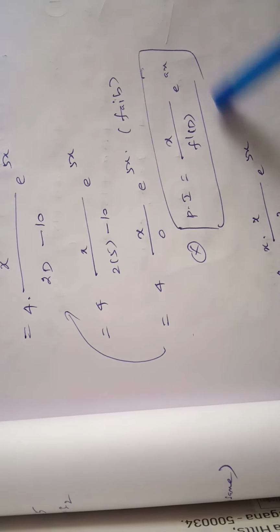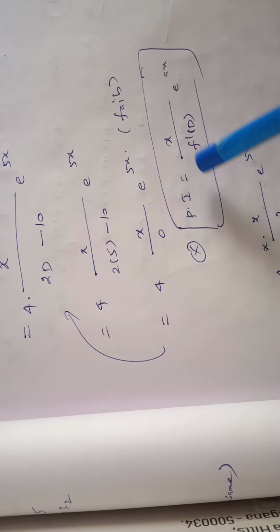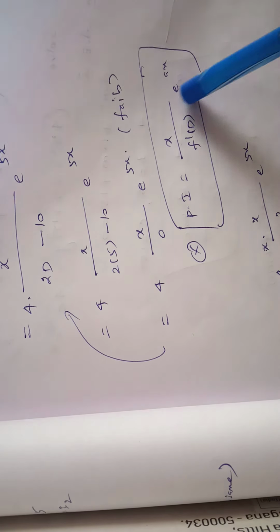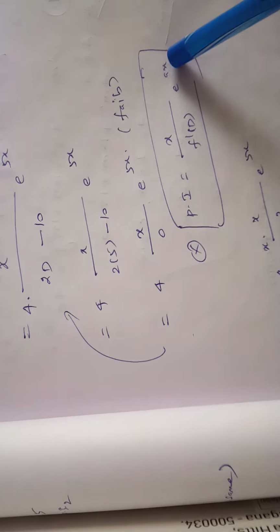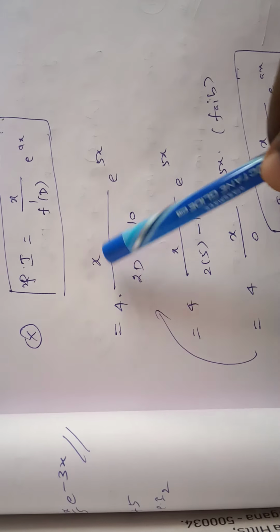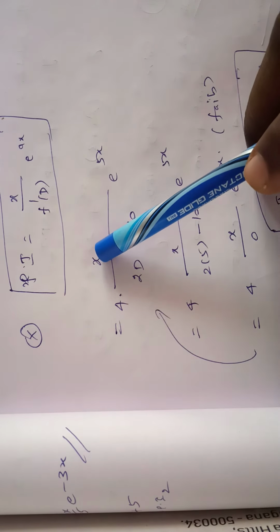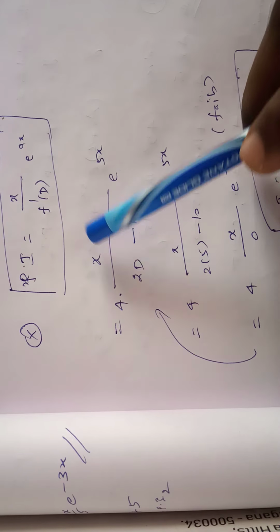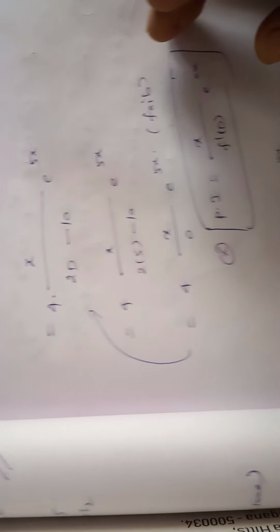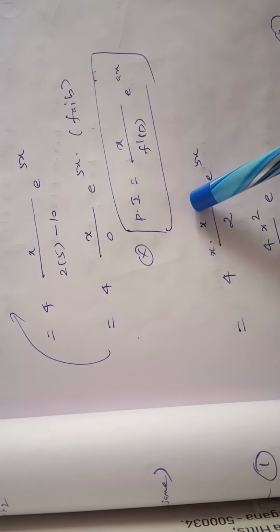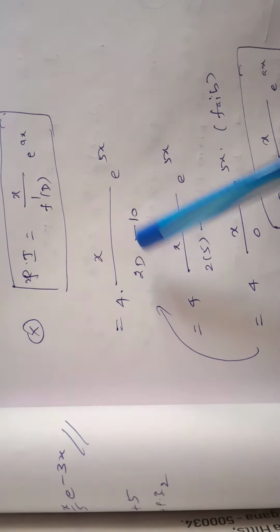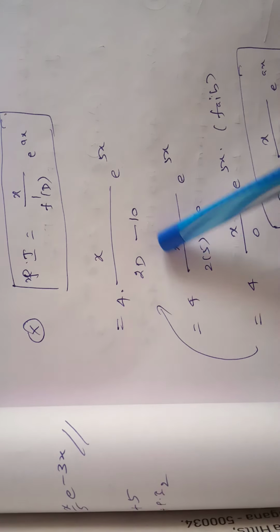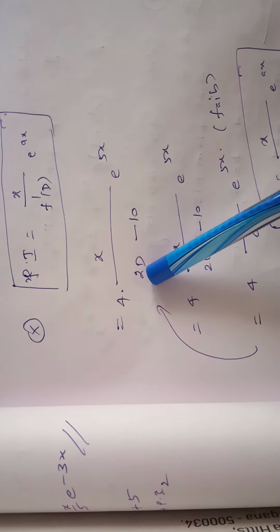So again we have to apply the same property: x by the differentiation of the denominator with respect to D, into e^x. So again 4. Again we have to introduce one more x. So x into x, divided by this function differentiated with respect to D. The differentiation of D is 1, so the value is 2.